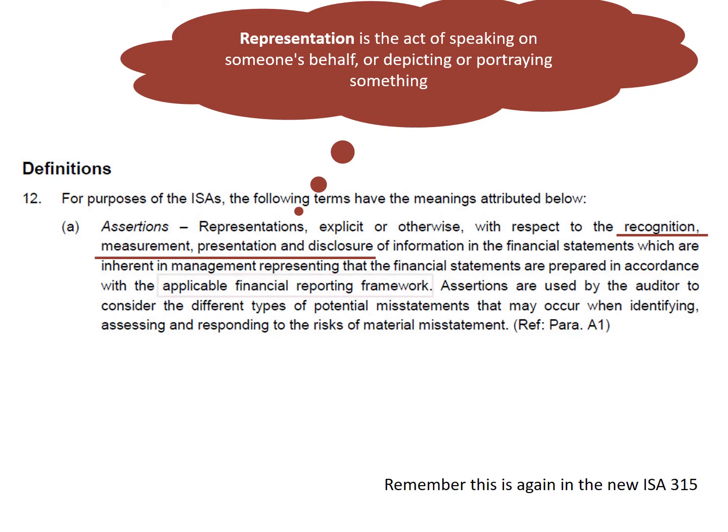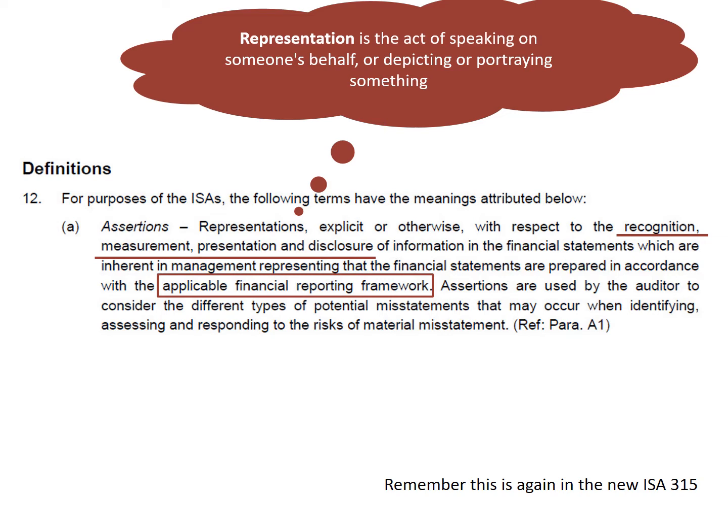Okay. Why? Because it has to meet the applicable financial reporting framework. So what they say is, as far as we know, if you look at this financial statement, we've applied our minds and we are sure that we applied the financial reporting framework correctly in terms of the recognition, the measurement, and the disclosure of the information. So that's the representation that they make to us and to the world outside. It's not just to us as well. Okay. So that's what an assertion is.